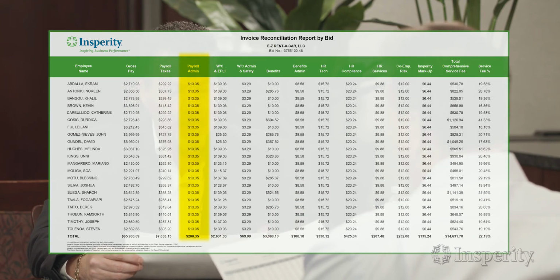The first one would be the payroll admin number. So the payroll admin for this particular payroll would be about $13.35, as you can see on here, for each employee, and this is what the cost would be on this particular payroll. Payroll admin would cover costs associated with us providing payroll services, accounting, finance, things such as that.